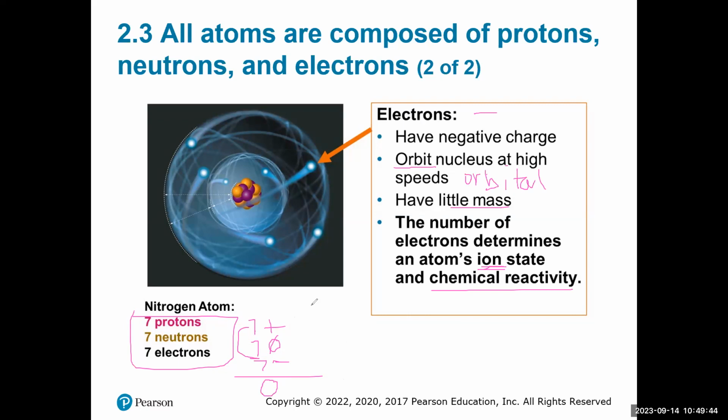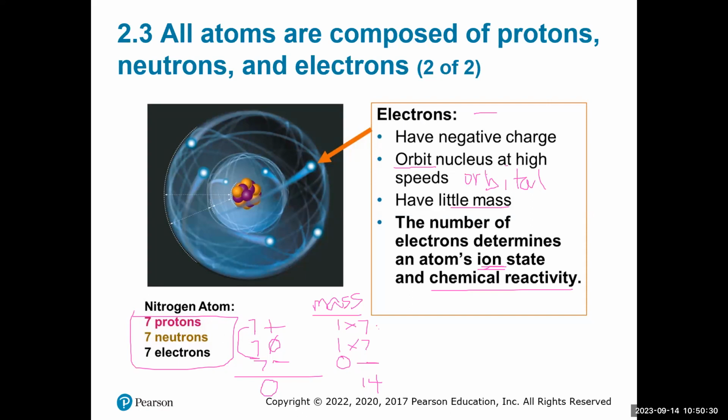Now if we think about mass, protons have a mass of 1, neutrons have a mass of 1, and electrons don't have mass. So 1 times 7 plus 1 times 7, and nothing from electrons, means the total mass of nitrogen is 14.